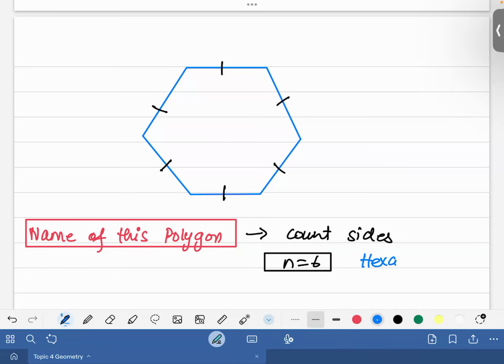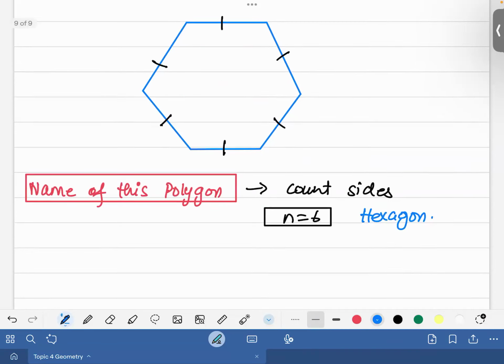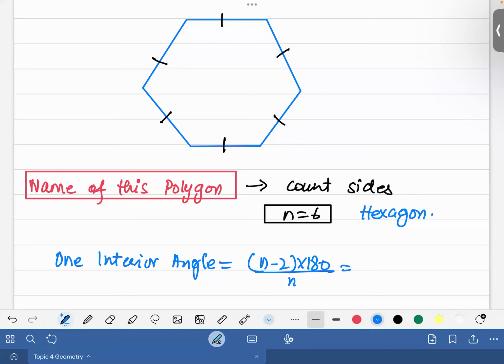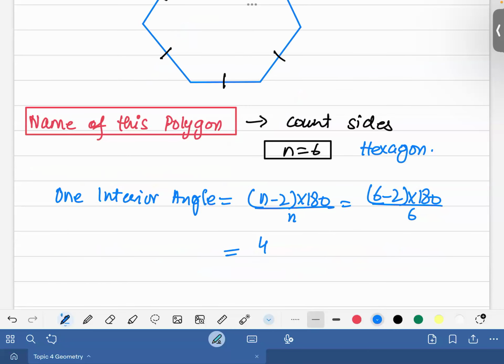Let's see what would be the size of one interior angle. One interior angle is equal to n minus 2 times 180 divided by n. So it would be 6 minus 2 times 180 divided by 6. 6 minus 2 is 4. 4 into 180 is 720, divided by 6.